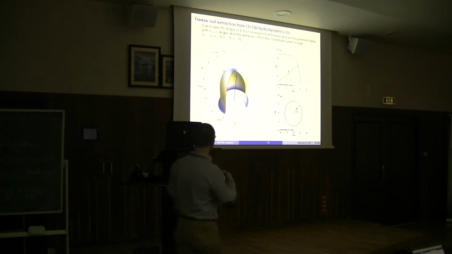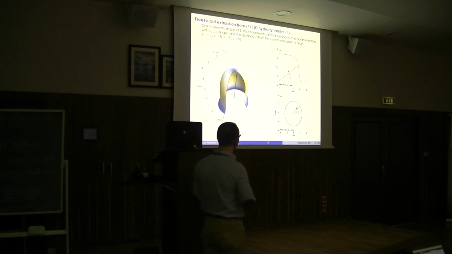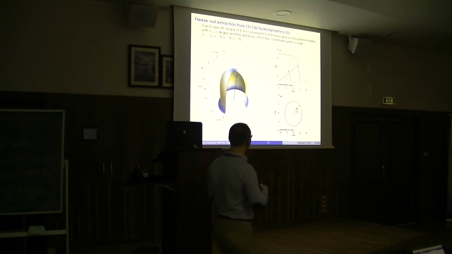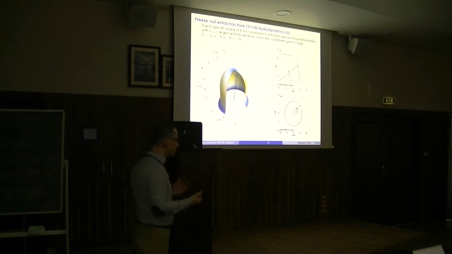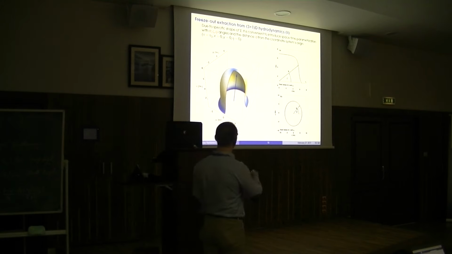What do you do next? Then you parameterize this hypersurface in such a way that the parameterization is not ill-defined. What does it mean? For example, if I have the surface like this, I would have the proper time as a function of x and y coordinates. However, if you look at this projection, you can see that there can be a case where tau is not a function of x anymore.